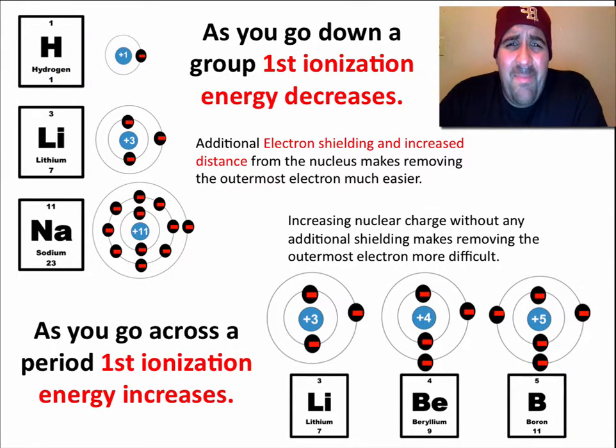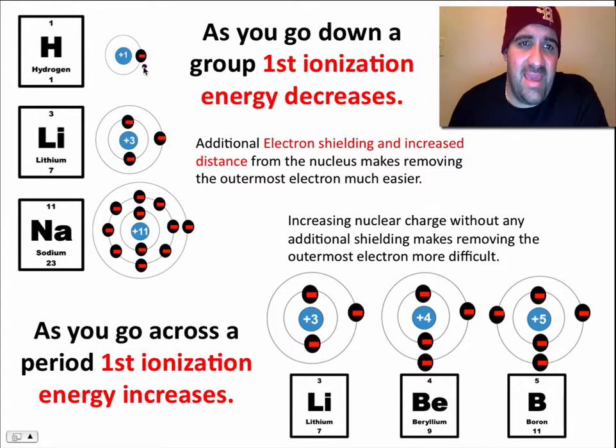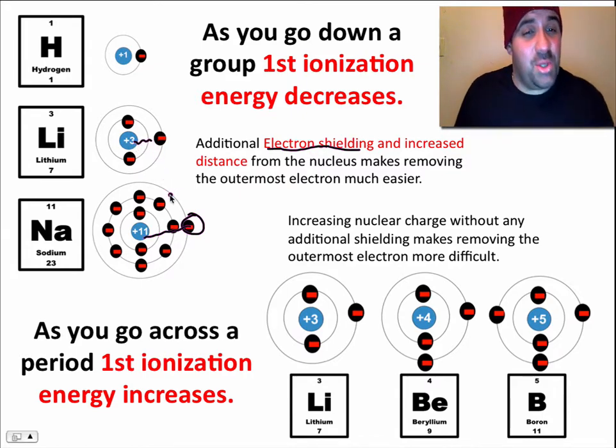So what's going to happen to ionization energy as we go down the periodic table? Well, as you go down the periodic table, we're getting more energy levels, so there's going to be additional electron shielding. Also notice that this electron right here is much further from the nucleus than this one. Coulomb's law says that the electrostatic force is proportional to 1 over distance squared.